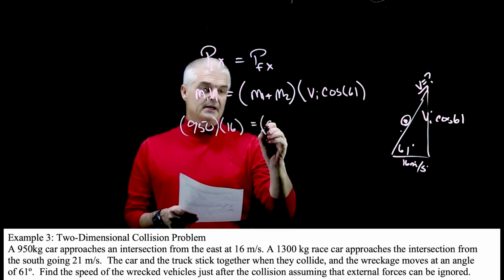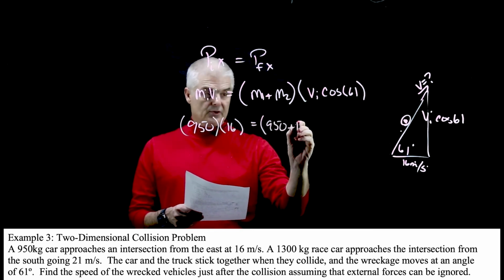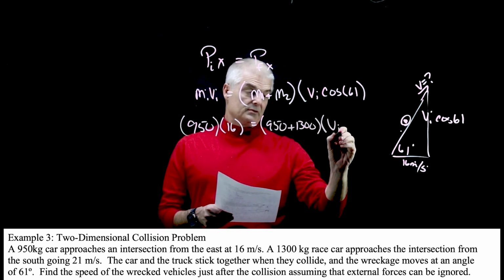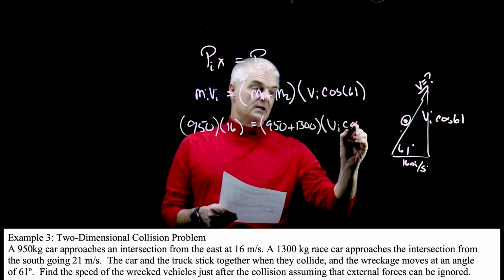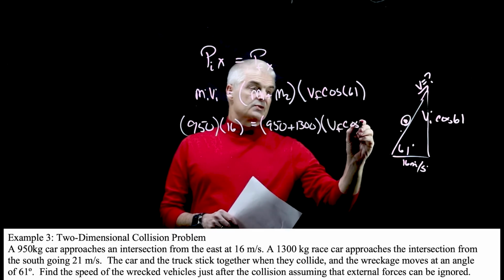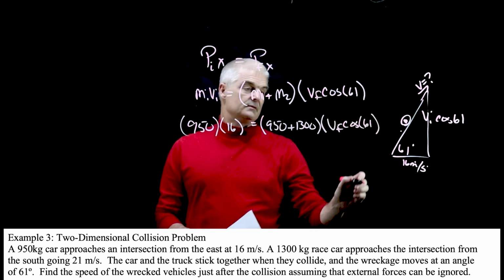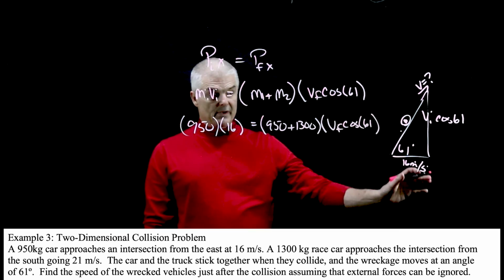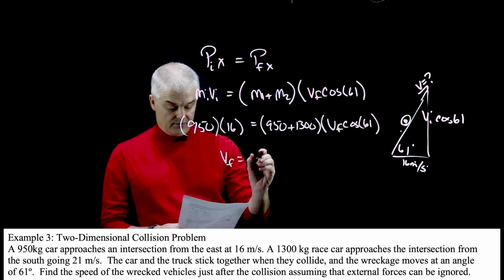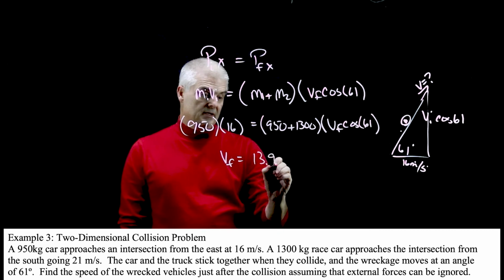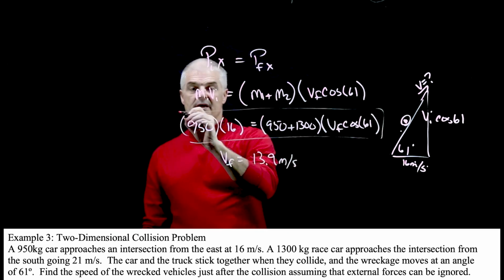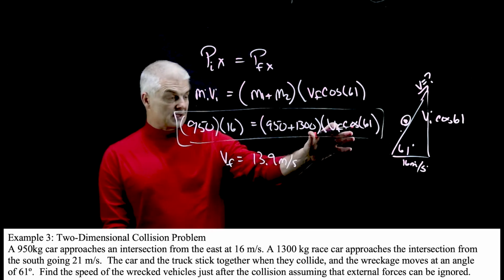I'll just write it out: 950 plus 1300 times V final, pardon me, not initial, V final, cos of 61. And then we do the math. I'm not going to do the math here. You can solve for V final, and you get 13.9 meters per second. You've got one variable, one unknown. Now you may need to spend some time to figure out how to do that.